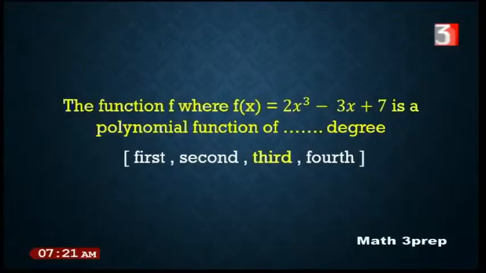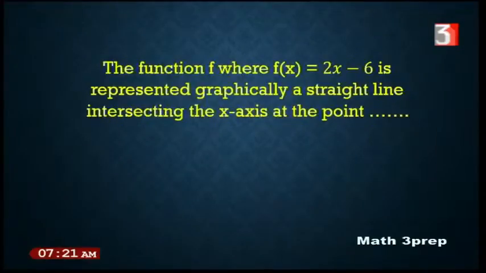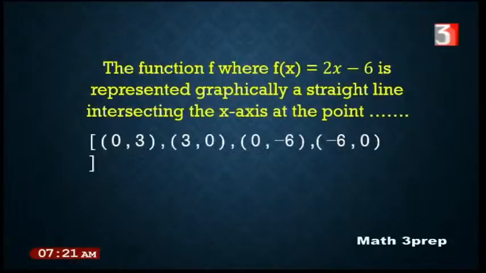Another example. The function f, where f of x equals 2x minus 6, is represented graphically by a straight line intersecting the x-axis at the point what? (0, 3), (3, 0), (0, -6), or (-6, 0)? Now, this is a linear function represented graphically by f of x equals 2x minus 6.